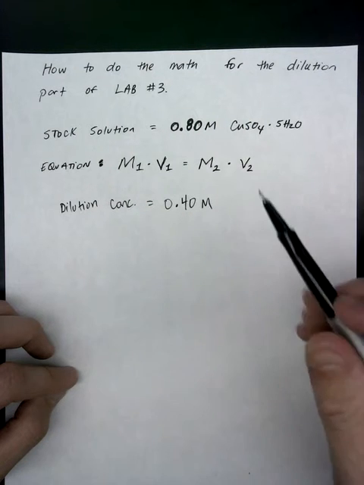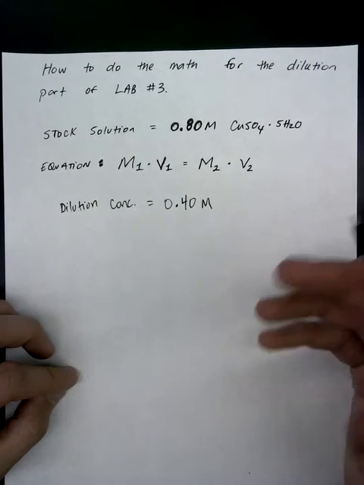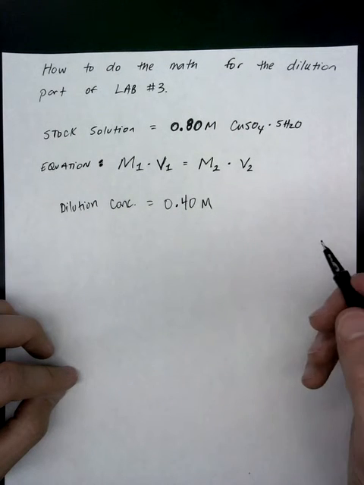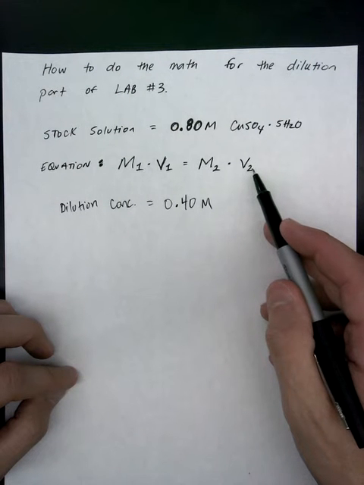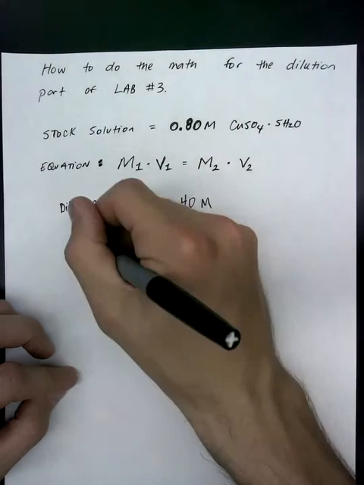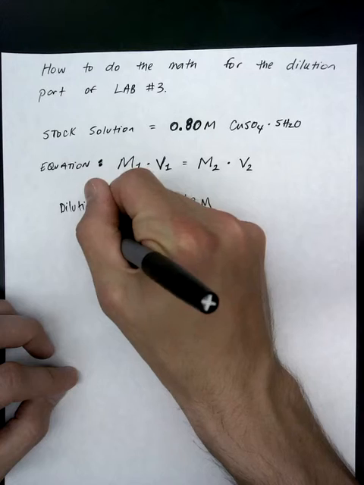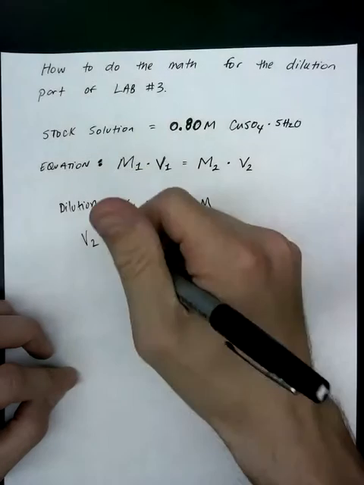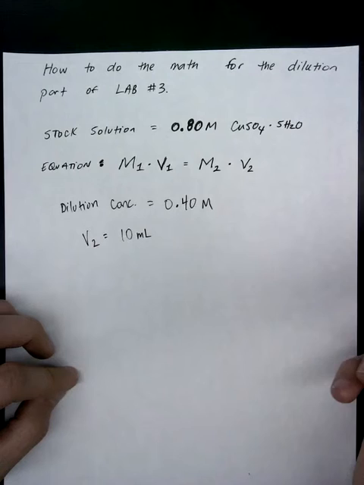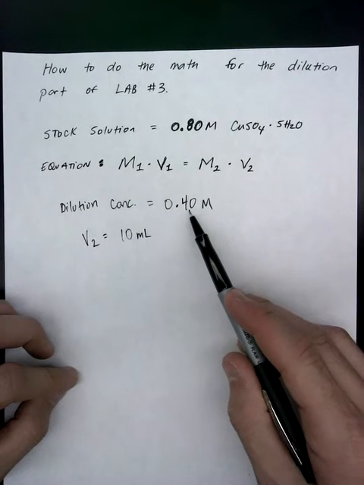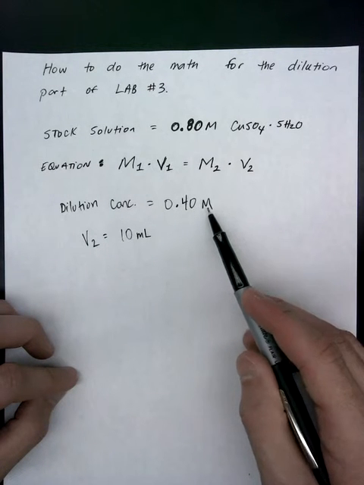thereby lower the concentration. The real helpful part of this is you need to know what your final volume is going to be, or your V2, before you can do this math. So we're going to say that our final volume is going to be a 10 milliliter sample. So we want a 10 milliliter sample at 0.40 molar.